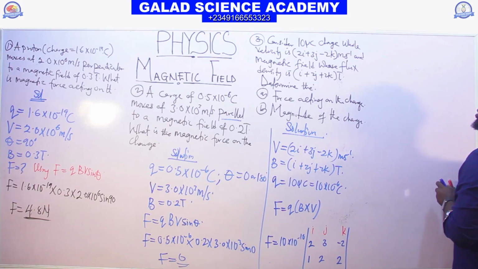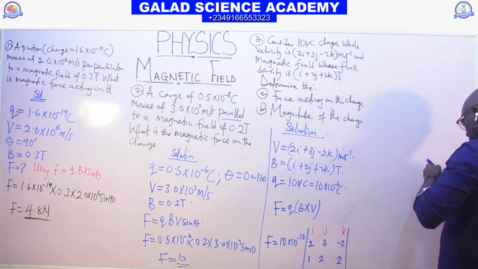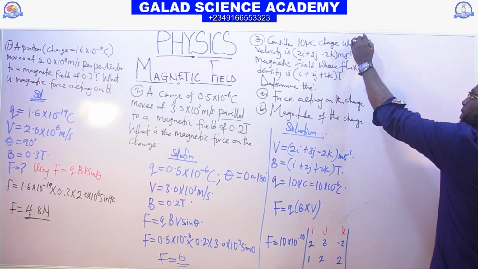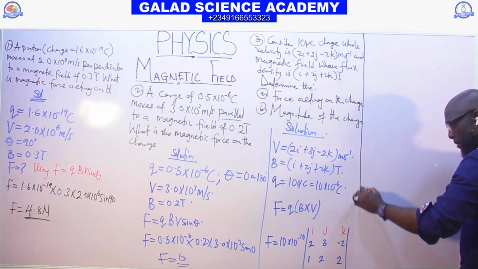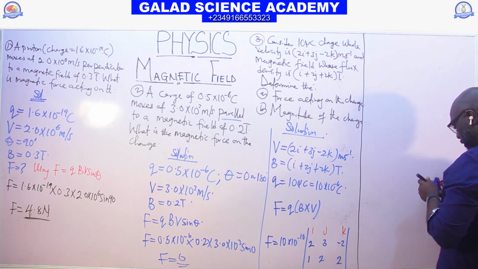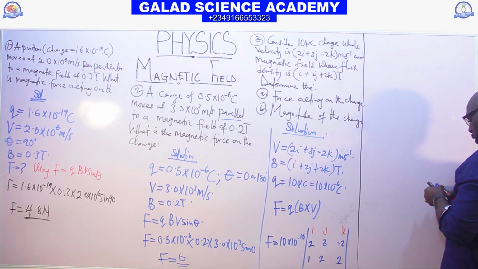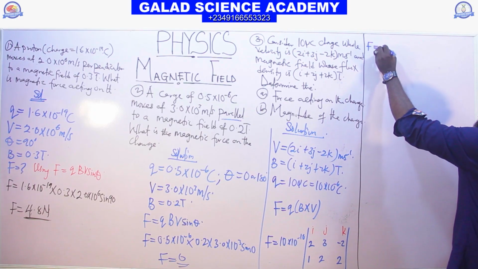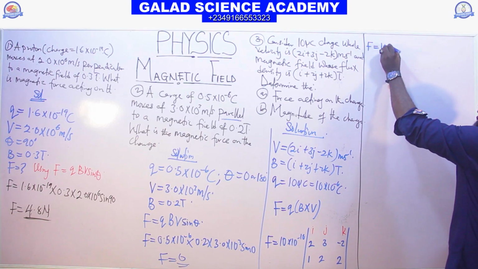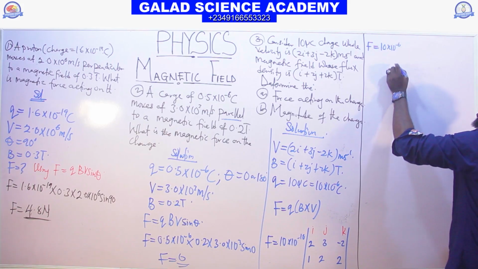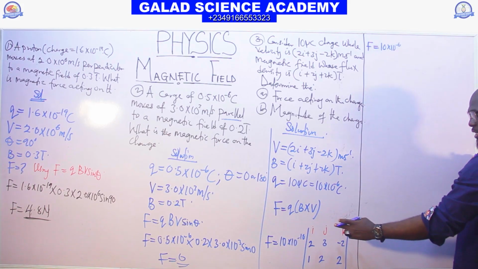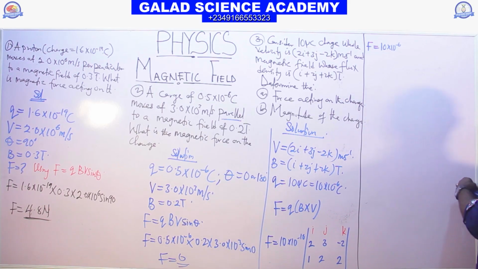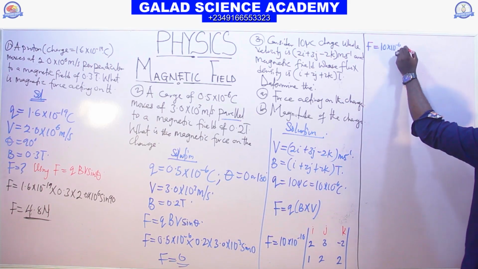So the force F is going to be 10 times 10 raised to the power minus 6, into this. We are going to solve this in determinant form.